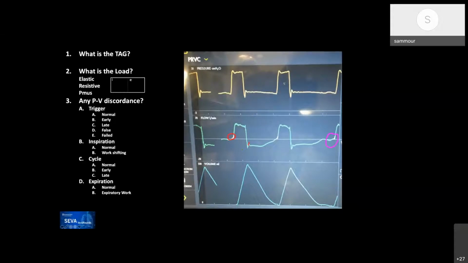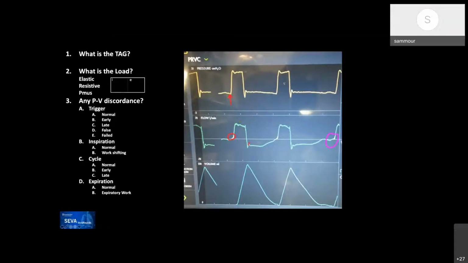Well, like I said, if it was a pressure trigger, there'd be white on the yellow, not there on the green. I must say I've never seen that because I never do pressure triggers. I'm a neonatologist, so we never do pressure triggers. Fair. You probably don't want to make it harder for your patients to trigger, generally speaking, I'm guessing. Yeah, no, flow trigger is what we normally do.